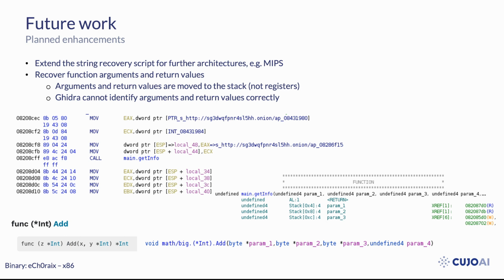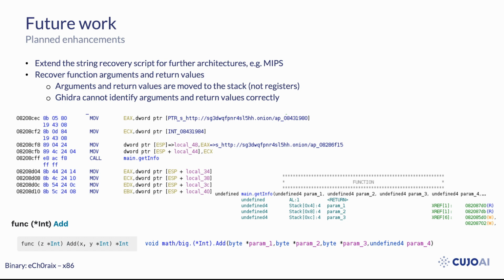So for example, on this slide, you can see this addition function, which expects integers, and the result will obviously also be an integer. And identifying these types, Ghidra has a hard time.